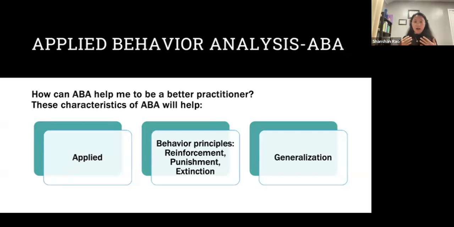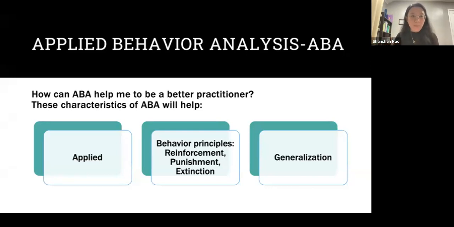And what sets us apart and why is ABA very important, and why we're choosing ABA as a strategy, because ABA is the only evidence-based and data-driven practice that shows that it's helping with children that have a diagnosis of autism spectrum disorder and developmental delays. And that's why we're using ABA.